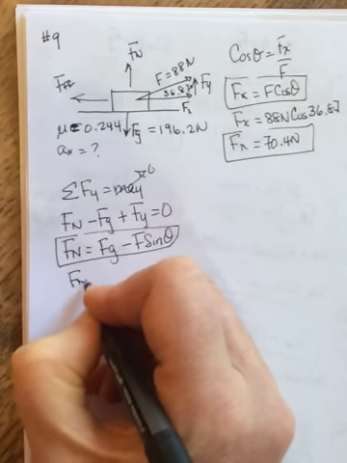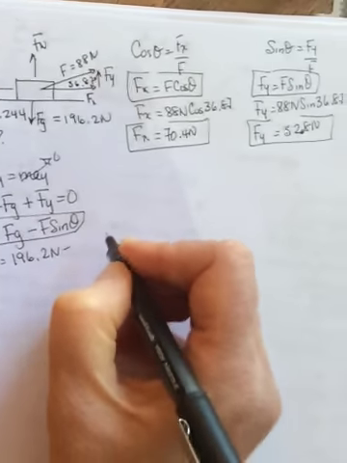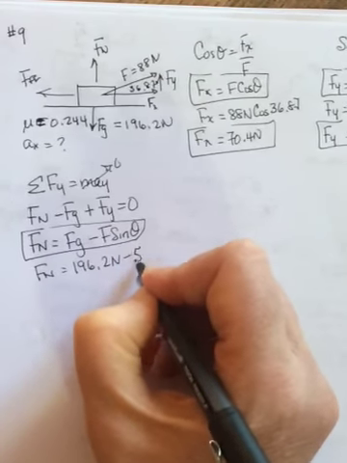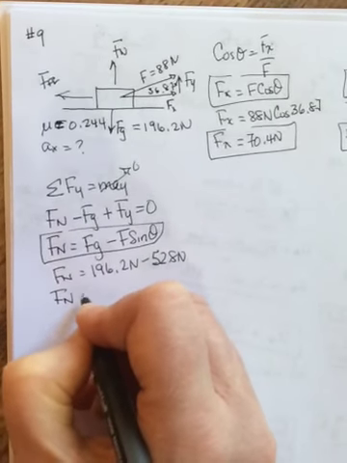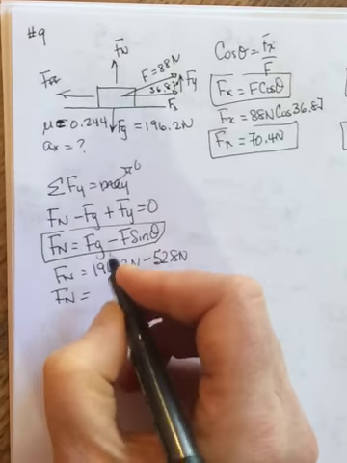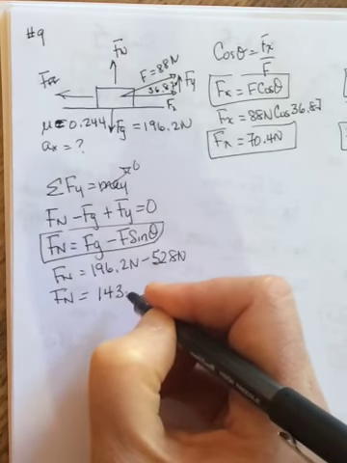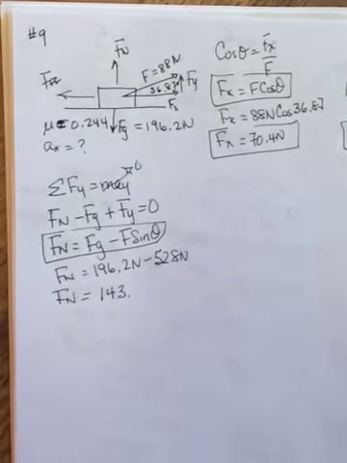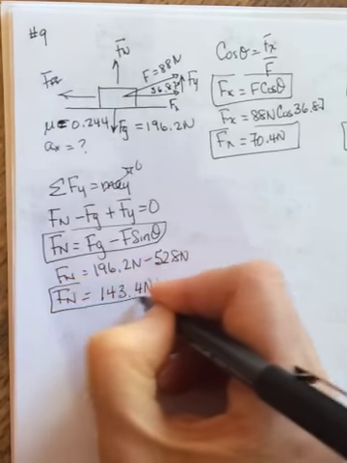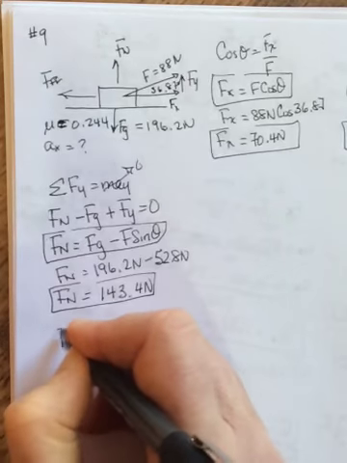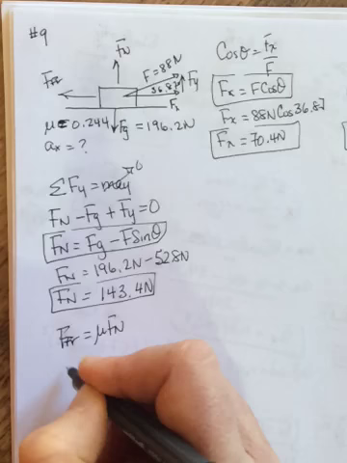But if you wanted to find a value, you could fill your numbers in. 196.2 minus that 52.8 newtons. And you get an Fn of 143.4 newtons. Okay, and then with this, you could also get friction, because we know friction is equal to mu Fn.